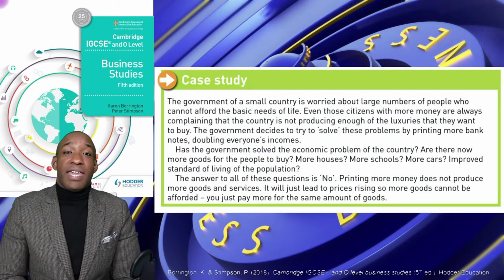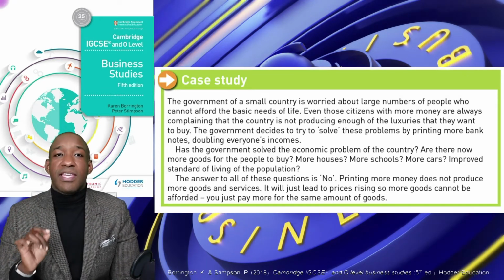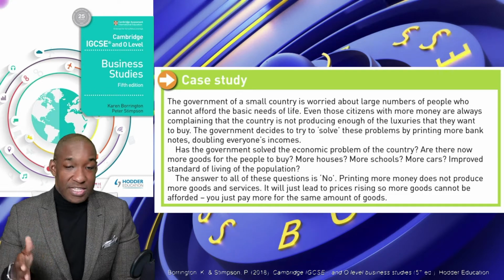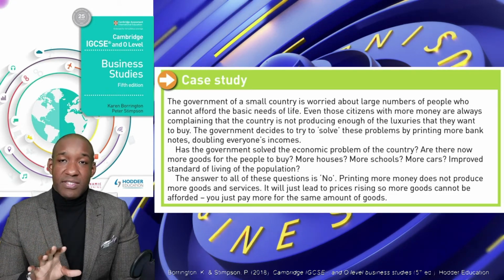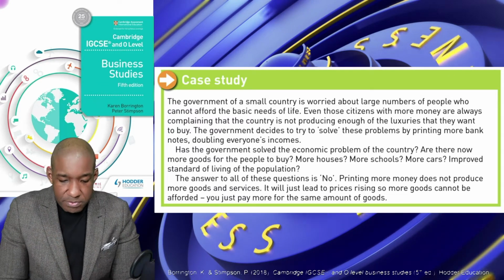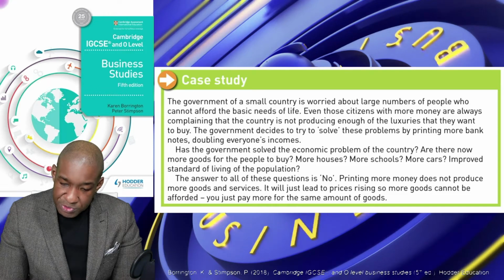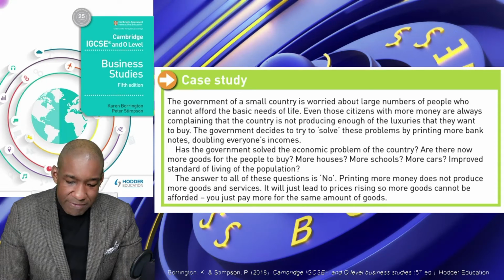So here we have a case study. Be very comfortable with these case studies. This is how every business class is taught, especially at the university level. Lots and lots of case studies. In this case study, the government of a small country is worried about large numbers of people who cannot afford the basic needs of life.